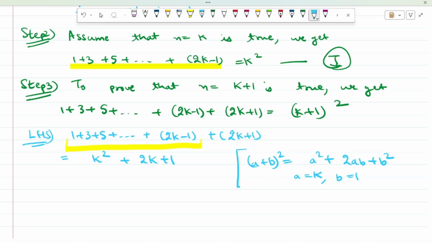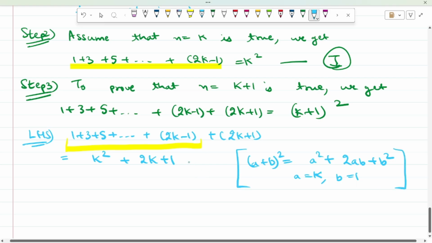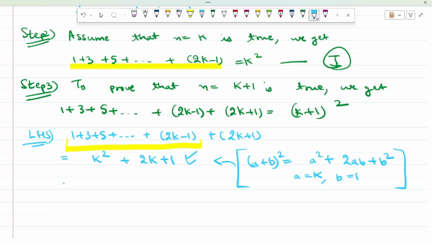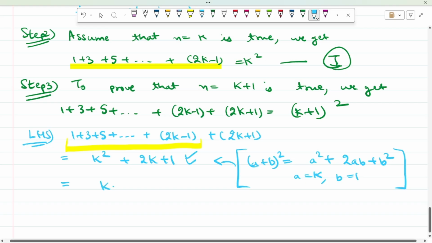You're going to get the same thing. So it's up to you. Either you remember this identity and apply it, which will be much quicker, or you can do middle term splitting or the quadratic formula. That's also fine. So it gives you k plus 1 whole square, and that's your RHS.